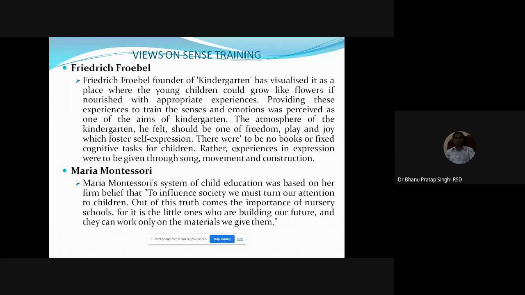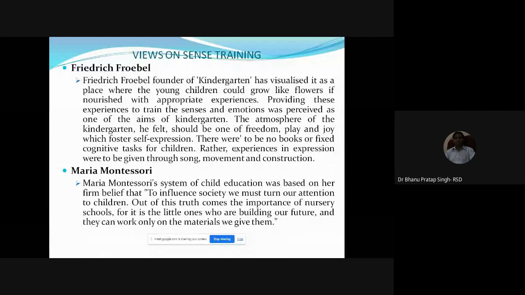You all know that specific training is given to kindergarten teachers because their method of teaching is a kind of play method, and for that the teacher should be trained enough.